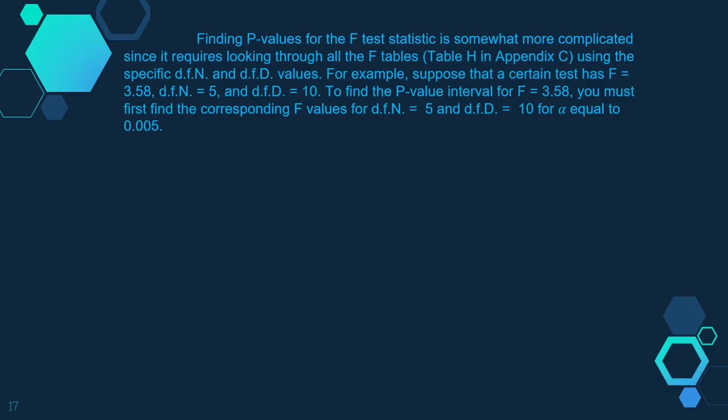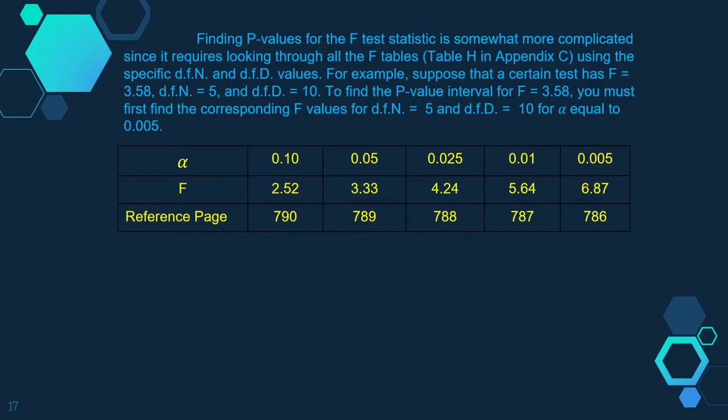To find the p-value interval for F equal to 3.58, you must first find the corresponding F values for dfn equal to 5 and dfd equal to 10 for the different alpha levels. When alpha is equal to 0.10, the F is 2.52 in page 790. When alpha is equal to 0.05, F is 3.33 in page 789.